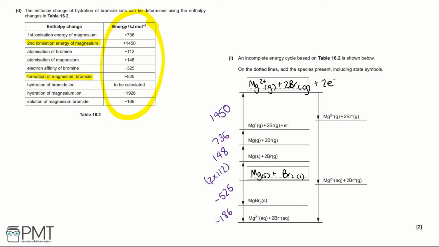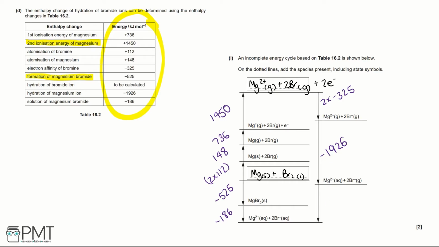Then if we look at the other side, if we look at the right and we work our way down, we've got 2 times minus 325, which is the electron affinity of bromine, because we're forming these Br- ions and we're forming 2 of them, so we multiply by 2. And finally, this other arrow, we've got minus 1926, which is the hydration of magnesium ion, because we're going from this Mg2+ gas to Mg2+ aqueous, so we're hydrating it.